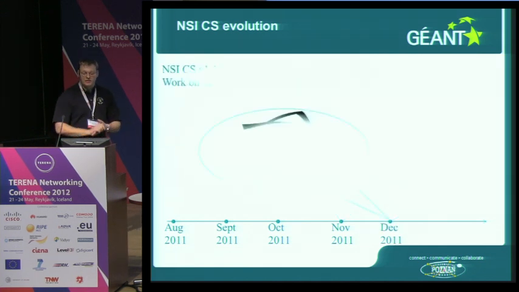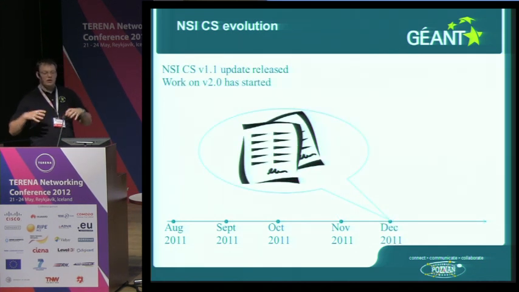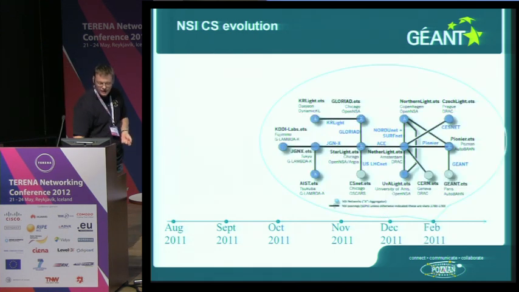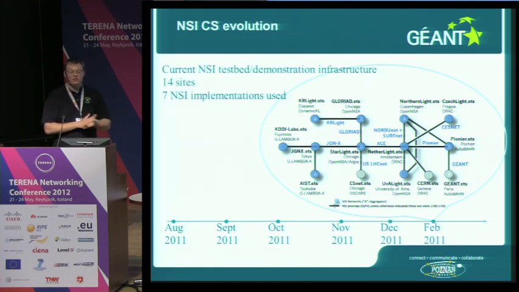After that, in December 2011, having the experience of the demonstrations, knowing what is good and what needs to be improved, we released version 1.1 of the connection service interface and started work on version 2. In February 2012, we have 14 sites that have deployed the NSI.